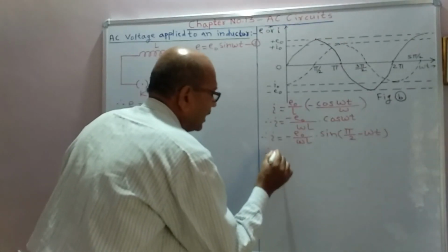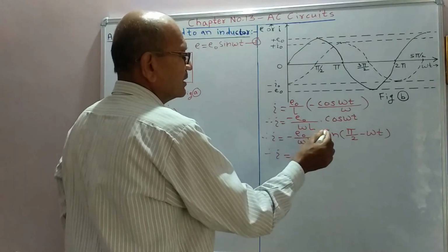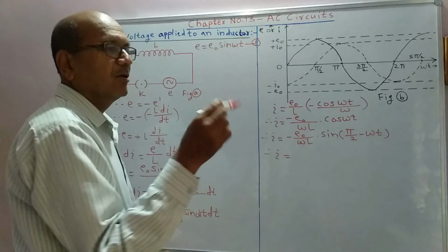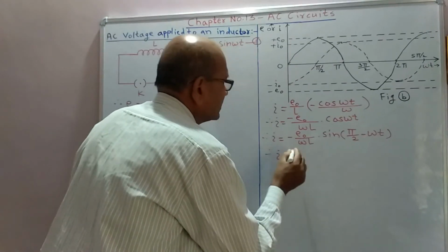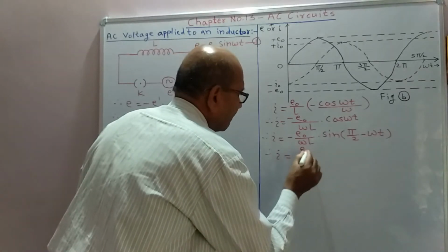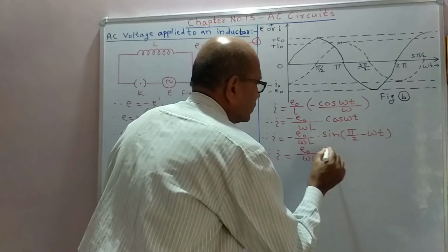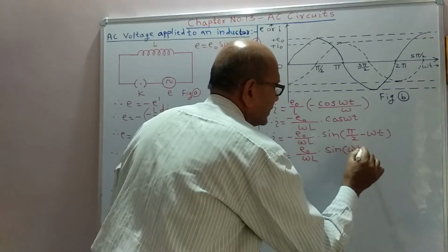Therefore, minus sine of pi by 2 minus omega t is sine of omega t minus pi by 2. So therefore I is equal to E naught upon omega L into sine omega t minus pi by 2.